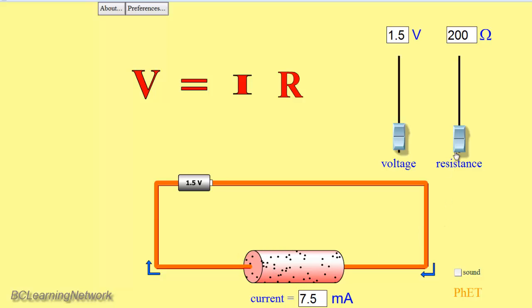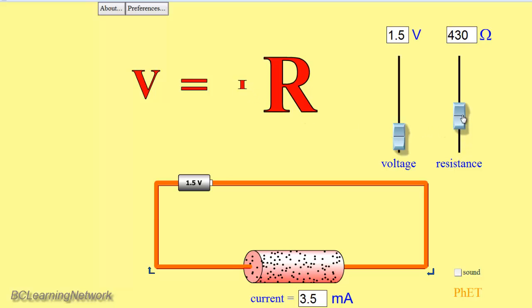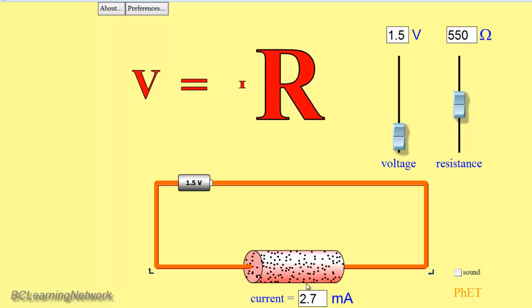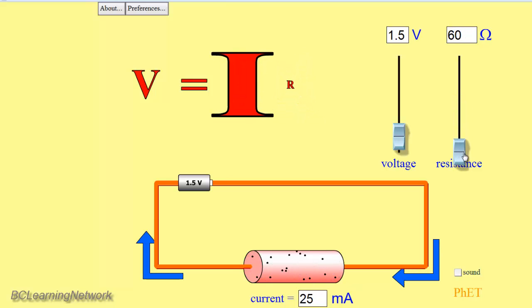Now, the higher the resistance, the slower the flow. Watch what happens when I crank up the resistance. First of all, the current diminishes. You can see that in our equation. And as I crank up the resistance, you see the impurities get greater and greater. So it resists the flow of electrons as they smack around inside that resistor trying to get through. Smaller resistances have fewer impurities.